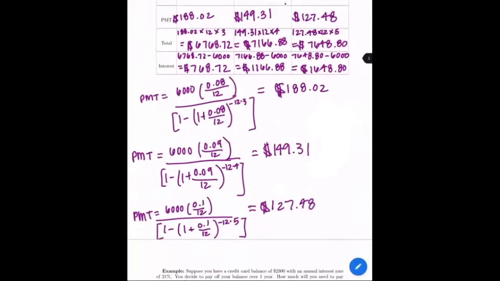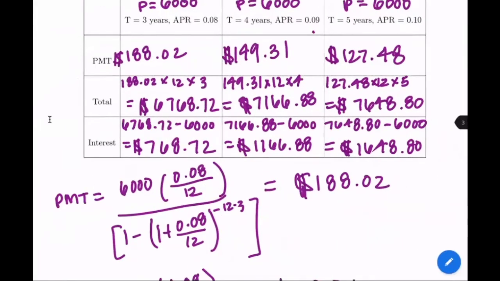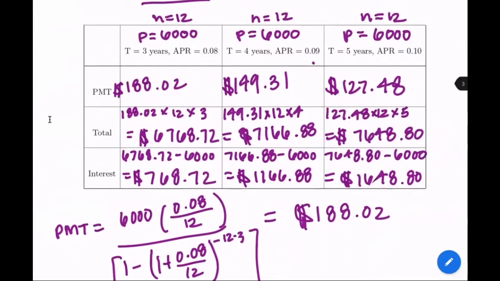So all we're doing here in this problem is comparing our loan options. So even though in the first option you have to pay more every single month, you end up having to pay less over the course of the loan. And then with the 5-year option, your monthly payments are significantly lower, but you end up owing almost $1,000 more than if you would have been able to pay it off in 3 years.